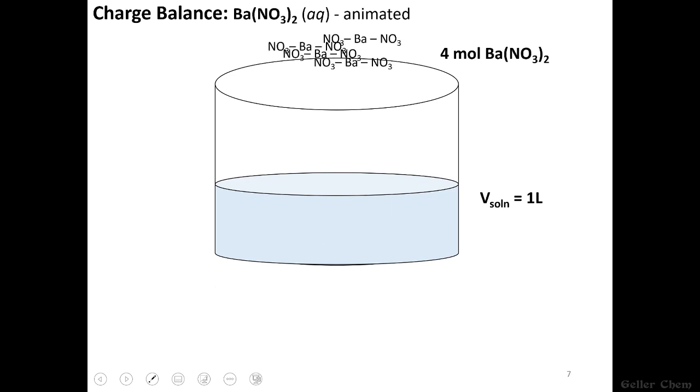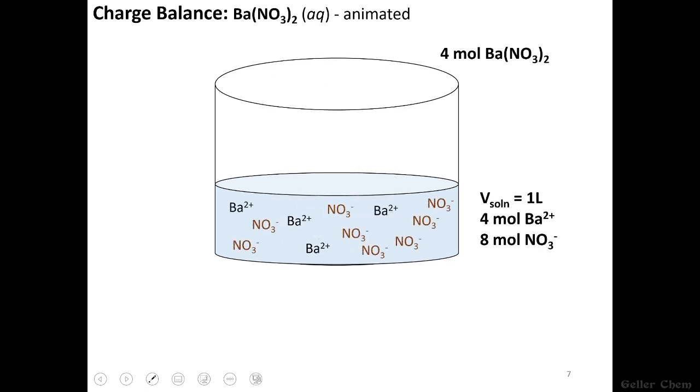Let's do a slightly more complicated example, this time using barium nitrate, still 4 moles. It dissociates, but because there are 2 NO3s in each barium nitrate, we get twice as many nitrates as barium ions when it breaks apart. And so this just happened. Now while the ions do not have the same concentrations this time, the solution is still charge balanced.